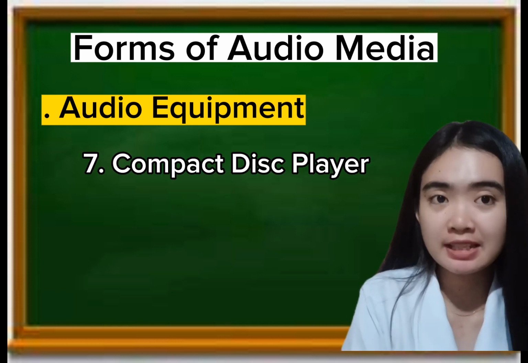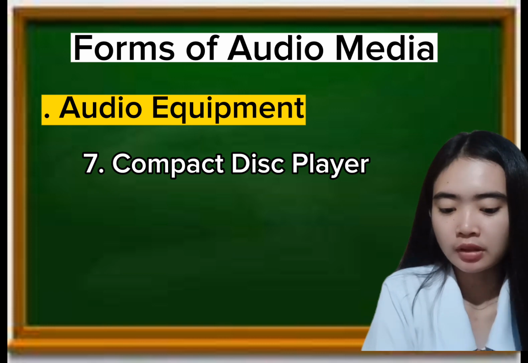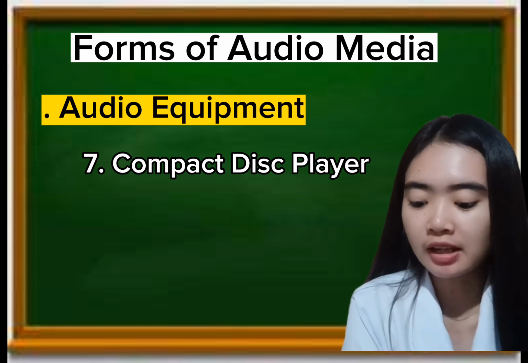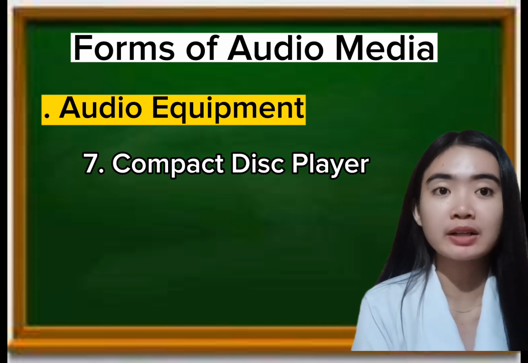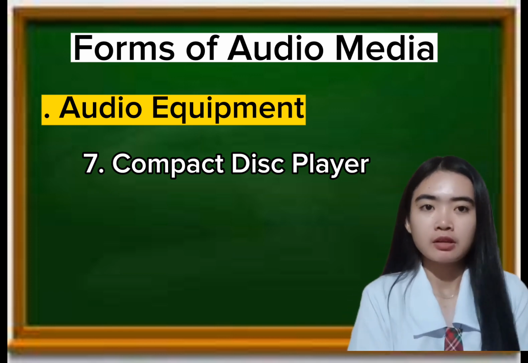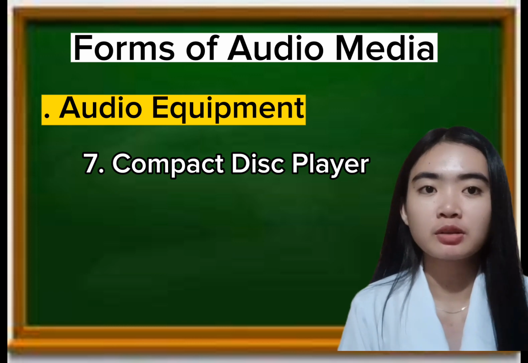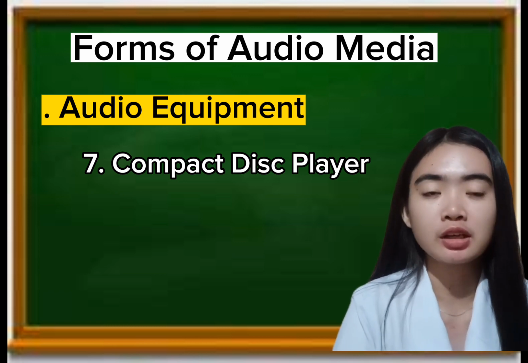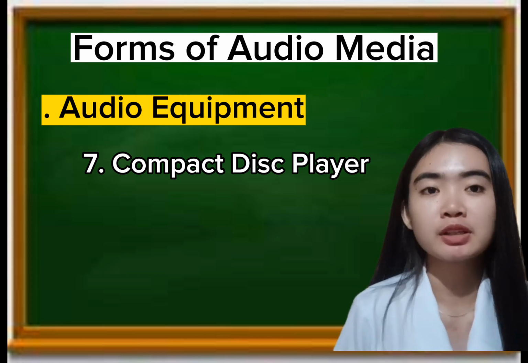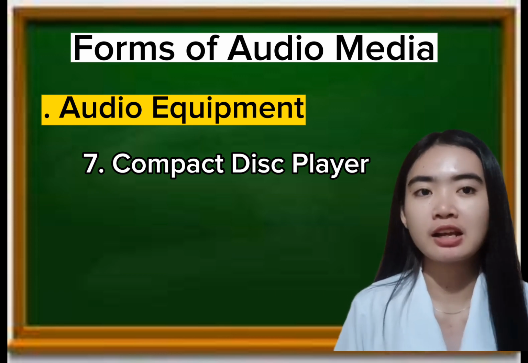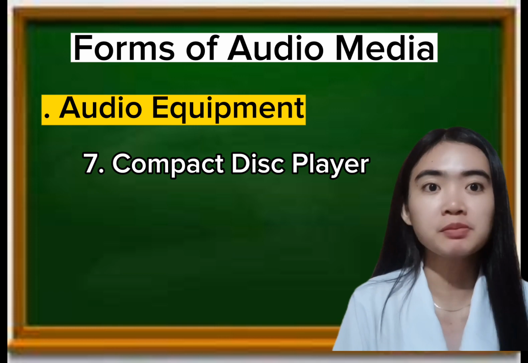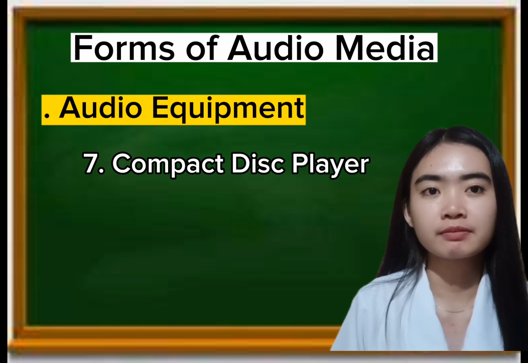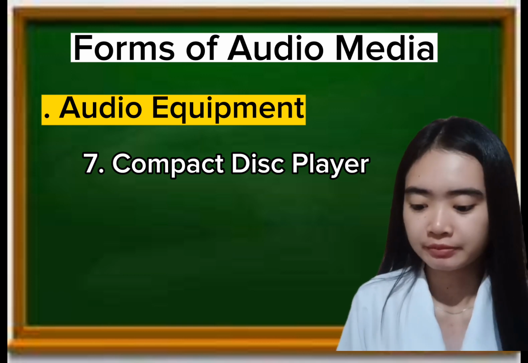Next is compact disc player or CD player. It's an electronic device that plays audio compact disc. I have seen a lot of this CD kasi nung bata pa ako, ang hilig magpa-music ng mga tao dito sa bahay gamit ito. Nilalagay lang sa DVD and it can play some music na nandun sa CD.